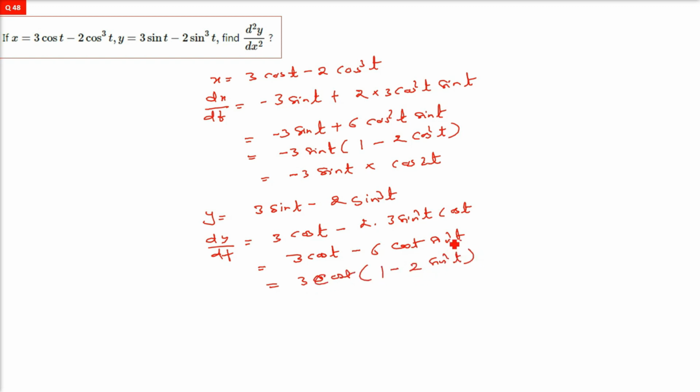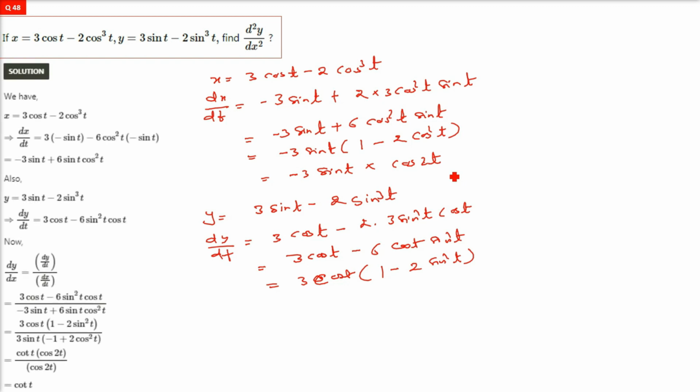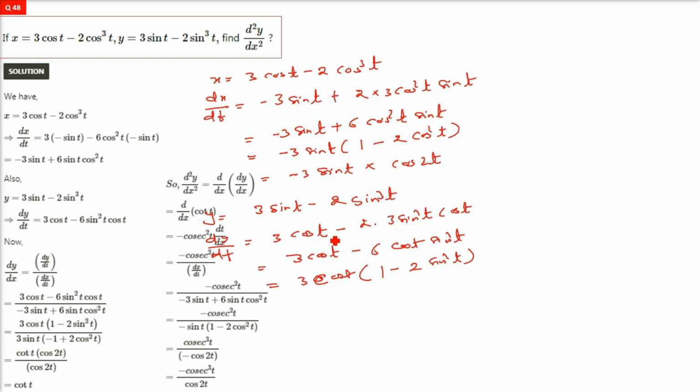So please remember, cos 2 theta is cos square theta minus sin square theta, right? Cos square theta can be written in terms of sin square, because cos square theta plus sin square theta is 1. So you can always write cos square theta as 1 minus sin square theta. So 1 minus 2 sin square theta is cos 2 theta. But 1 minus 2 cos square t is negative cos 2t. Please remember.